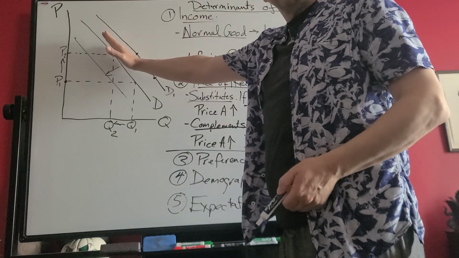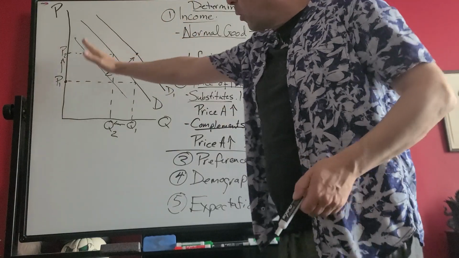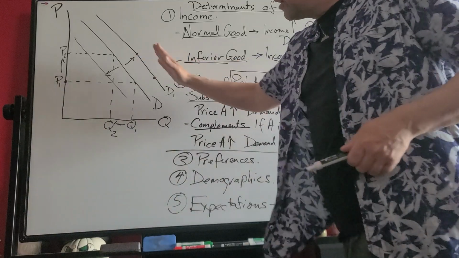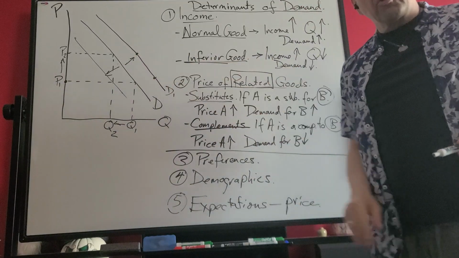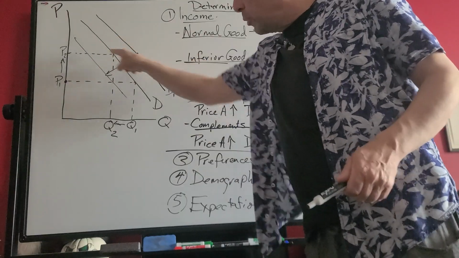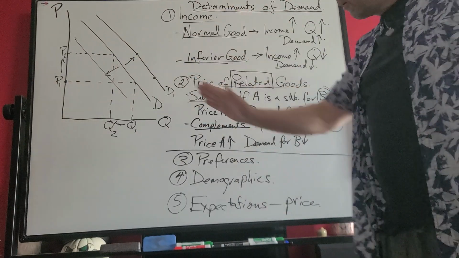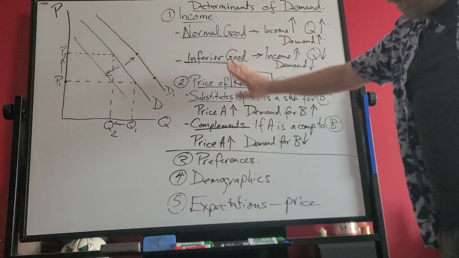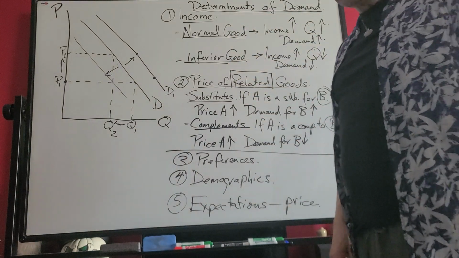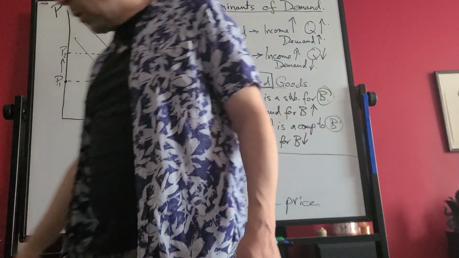Why is the curve here as opposed to here or here? What determines where that is going to be placed in relation to these axes? What is going to be the basic relationship between price and quantity? Where is the curve going to sit? And these are the 5 basic determinants of demand that are going to take us there.